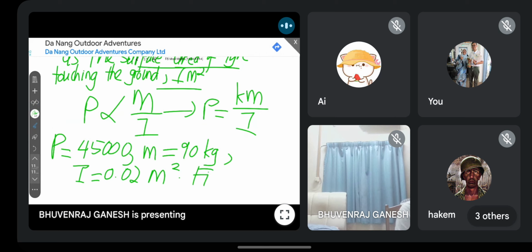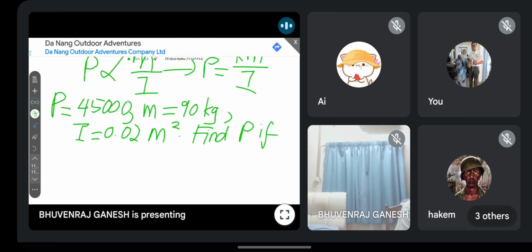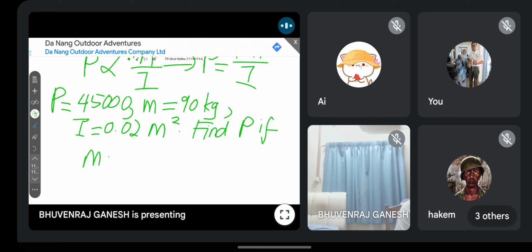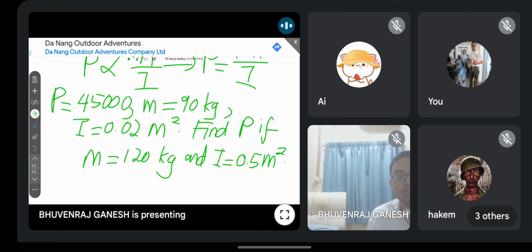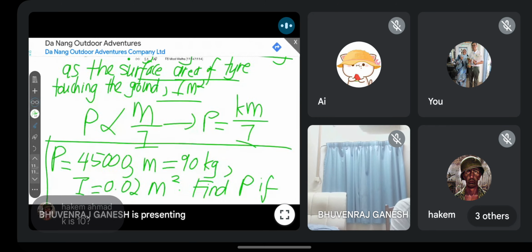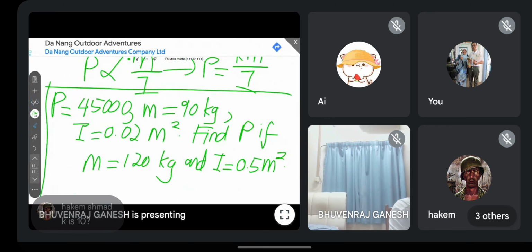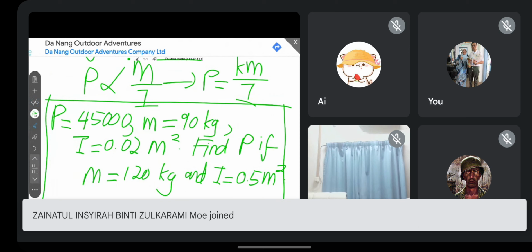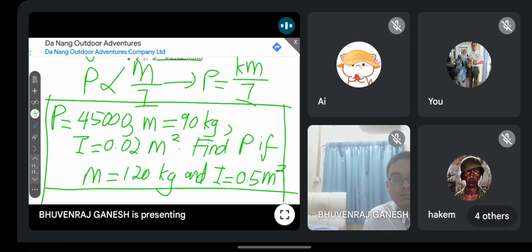The question is, find P, cari nilai P kalau M equals to 120 kg and I equals to 0.5 meter square. Okay guys, this is the type of question they like to ask in the exam. This whole thing. Soalan ni. All of this kamu kena tahu.